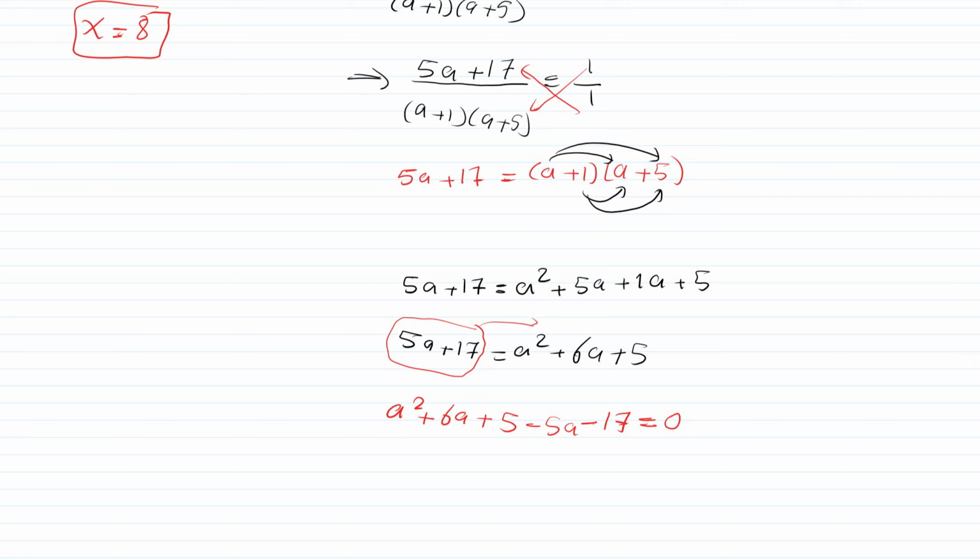Right now, combine like terms: we have positive 6a, negative 5a. So together it's going to be a squared plus 6a with negative 5a is only a. And positive 5 with negative 17 equals how much? Equals negative 12, equals 0.